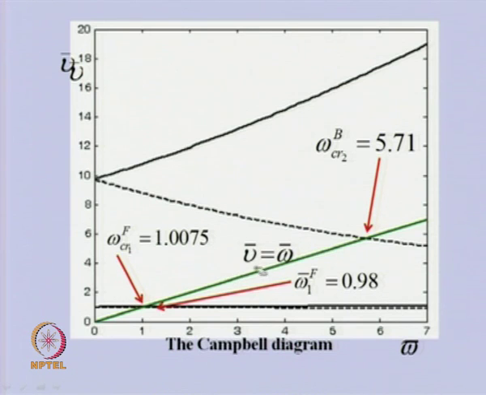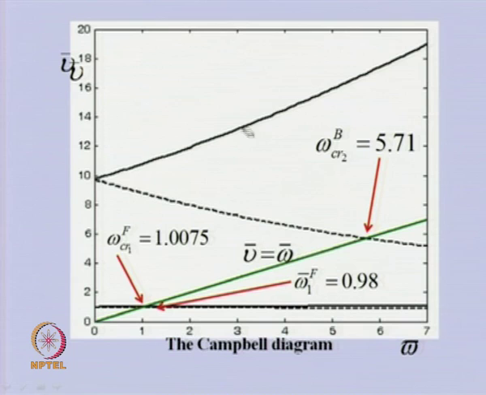So, wherever this particular line intersects the frequency curves, there is the critical speed. The upper part is this one, the root we got for the forward whirl, and similarly for the backward whirl. So, there are two roots here, one for forward and the lower one for backward.